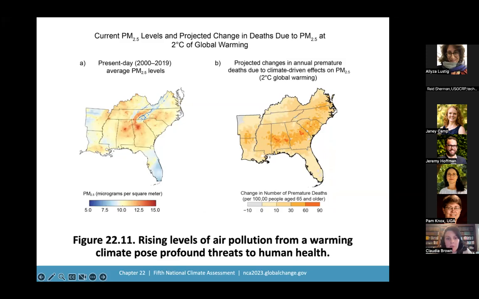And this is showing that even when accounting for reduced particulate emissions in the future due to developments such as vehicle electrification, the health of Southeasterners is particularly sensitive to poor air quality. And so just to wrap this up, I just want to highlight that this is just a portion of the health issues that the Southeast is experiencing and will continue to experience under a changing climate. So I encourage you to explore this section a little bit more. Next slide.